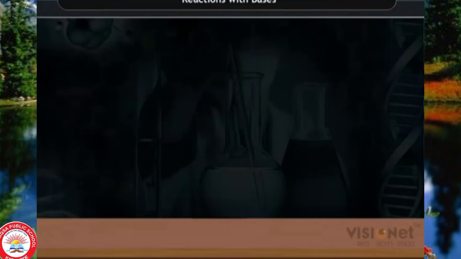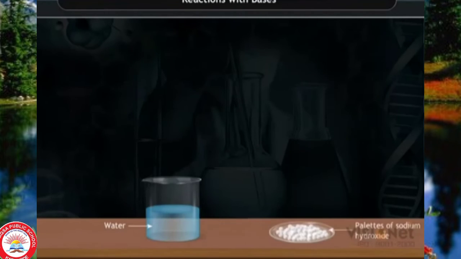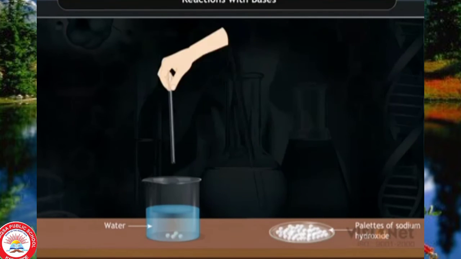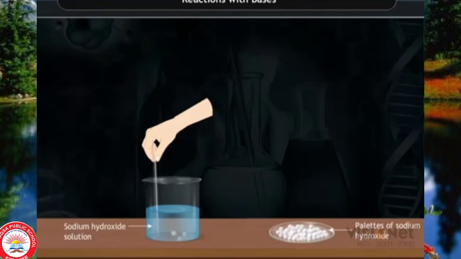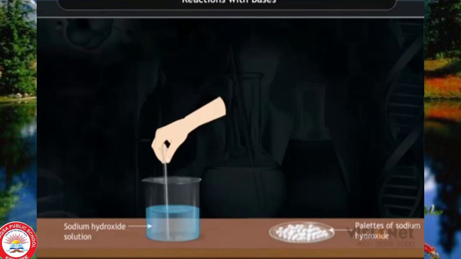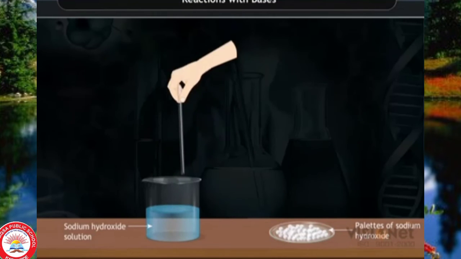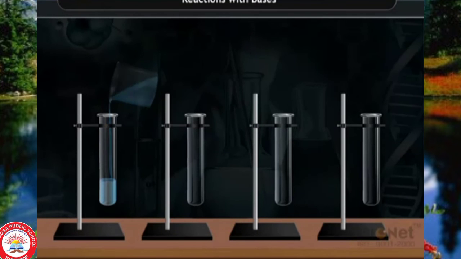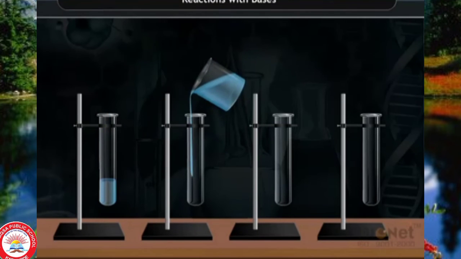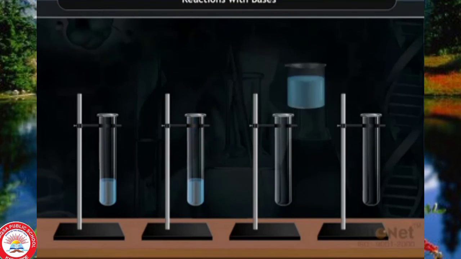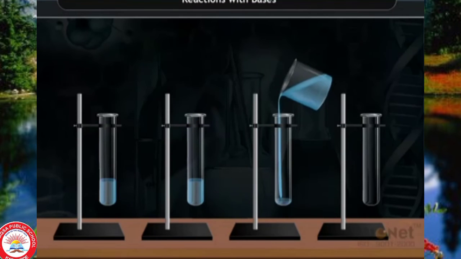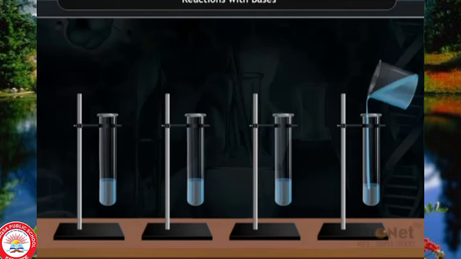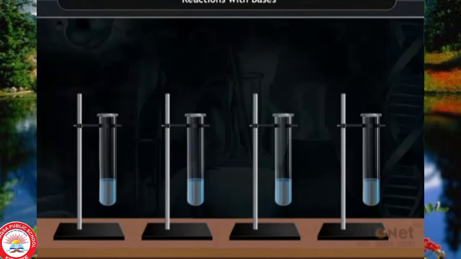Here we take a beaker half filled with water and add 2 or 3 pellets of sodium hydroxide and stir it well, and we get sodium hydroxide solution. Now we add this sodium hydroxide solution to 4 test tubes, and close them with a cork and fit a thistle funnel.